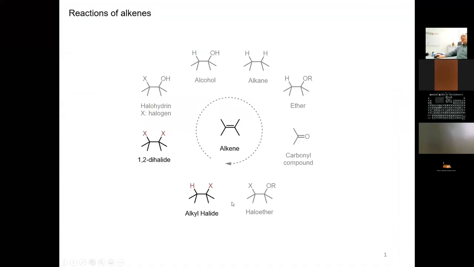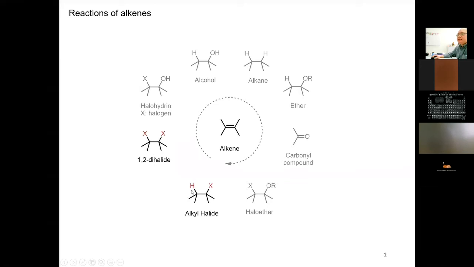So we just covered the electrophilic addition of HX to alkenes to generate alkyl halides. Now we are going to learn something relatively easy and comparable, which is the generation of 1,2-dihalide from alkene.